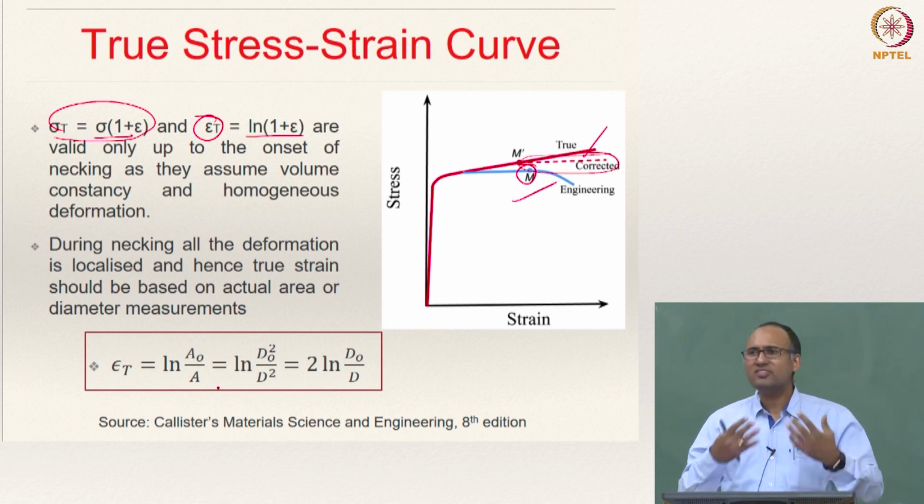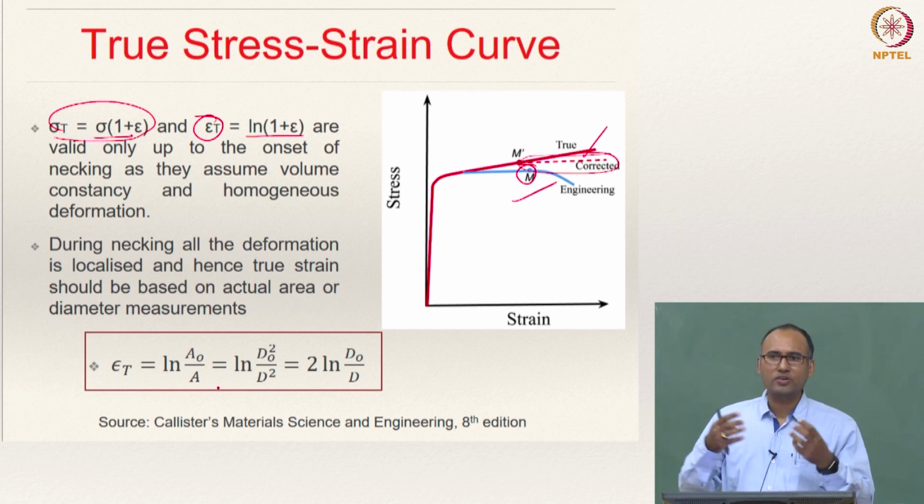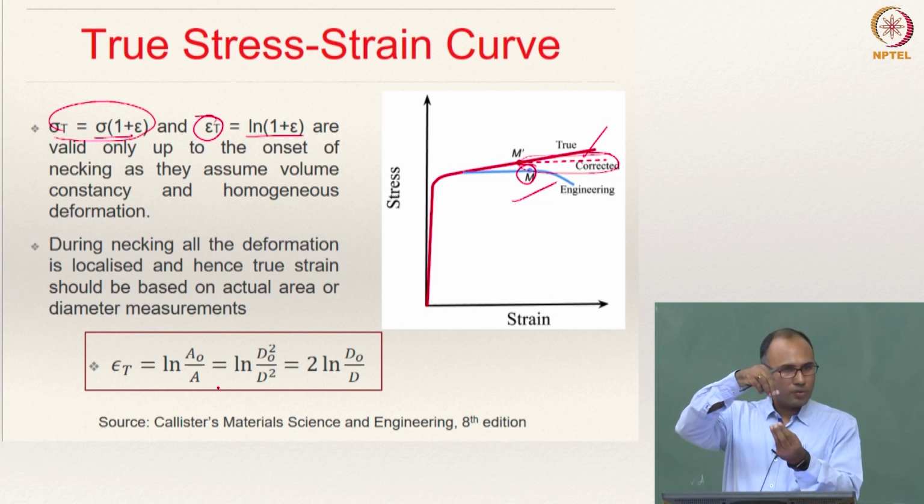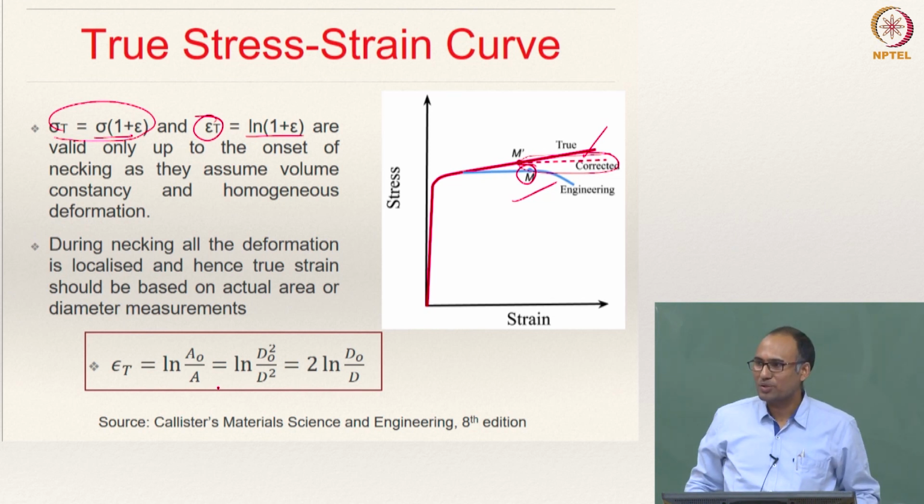And the mechanism responsible for necking in ductile materials is actually void coalescence. Voids will coalesce with each other, and as a result you will have a net local reduction in volume.